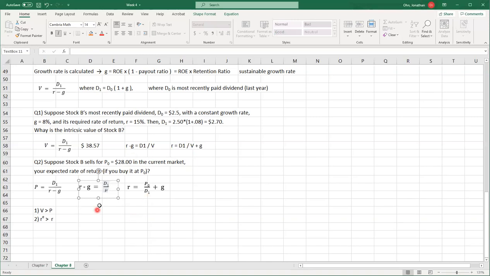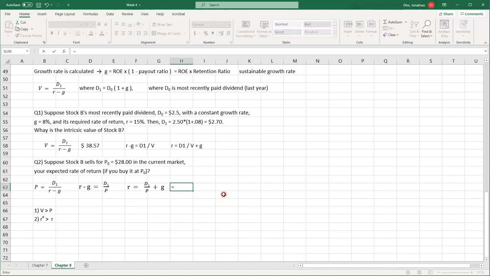See, that is the one. Change that one here: D1 over V, D1 over P. You have to change that to P because it is the current market price. So D1 over P plus G, that is how you calculate.